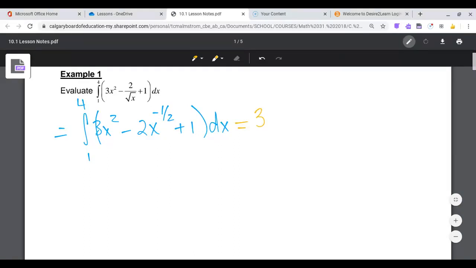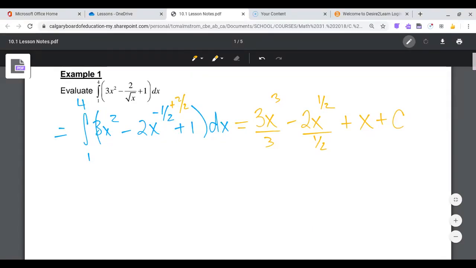So we have 3 in the front, x, add 1 to 2 is 3, divided by 3, minus 2x, add 1 to this fraction, so that's like 2 on 2, so 1/2, divided by 1/2, plus x plus c.